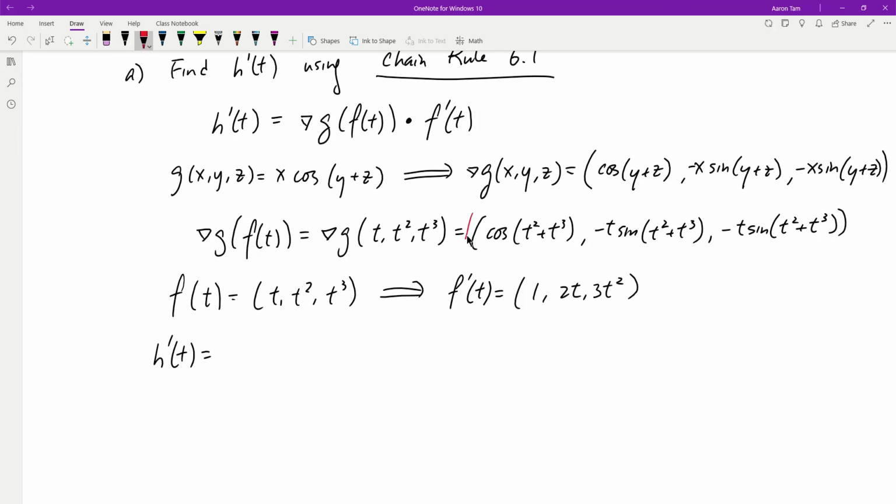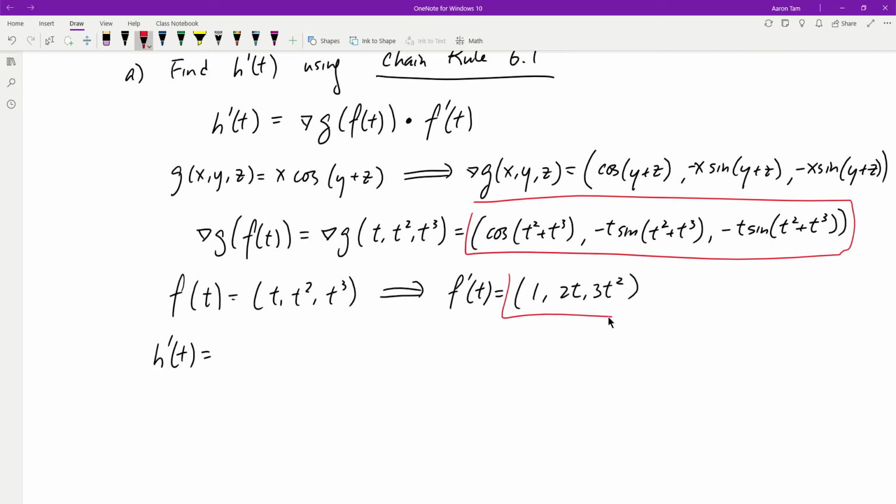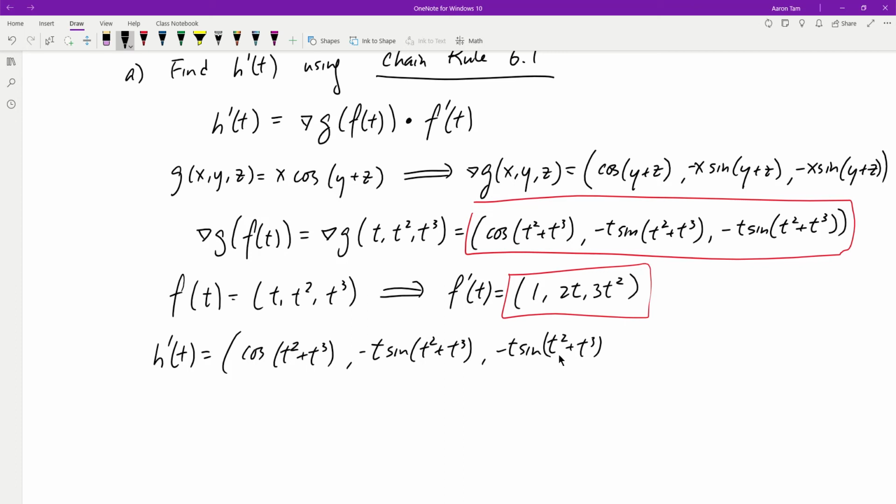That means (cosine of t squared plus t to the third, negative t sine of t squared plus t to the third, negative t sine of t squared plus t to the third) dot product (1, 2t, 3t squared).